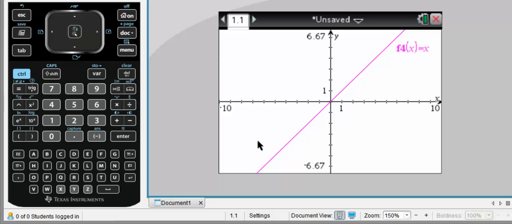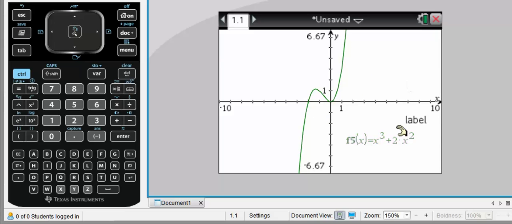Let's take a look at what happens if I raise this variable to a power of 3, another odd degree. Here's an example of a function with an odd degree of 3. This time we see that we have two bends in the graph, but the end behavior is the same as what we saw before.